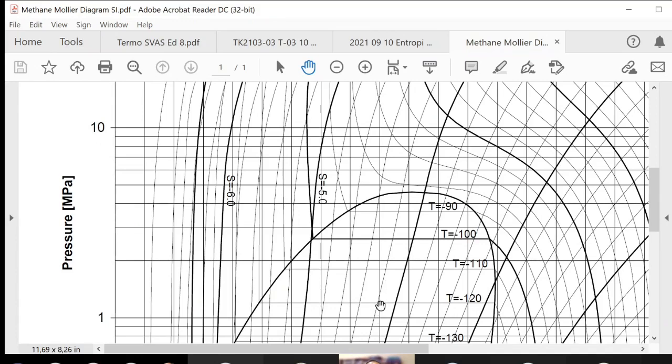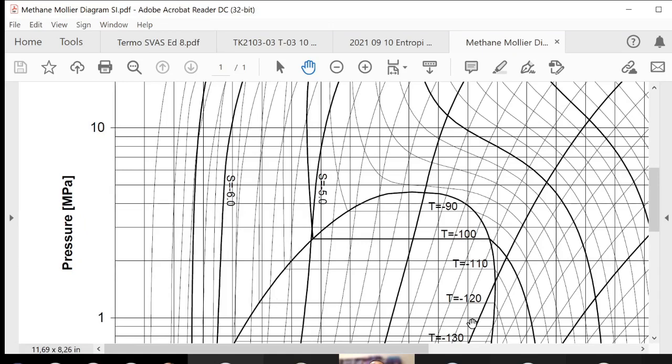Do we call it saturated liquid or saturated vapor? Well, actually it doesn't matter. If you want to call it saturated vapor, it is fine. As far as you understand that saturated means we have liquid and vapor.